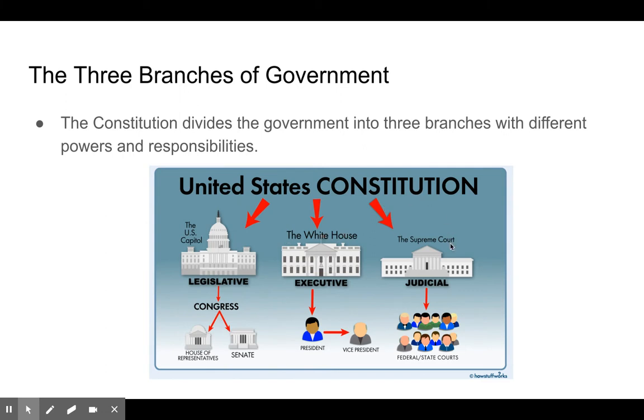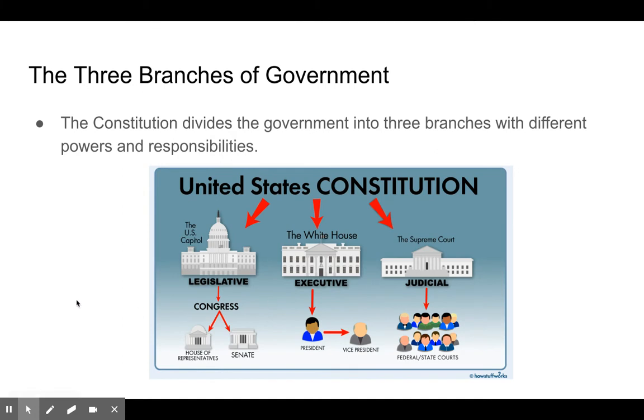And then we have the judicial branch, and that is housed at the Supreme Court. And some of you might know some Supreme Court justices like Ruth Bader Ginsburg, and you heard a lot about her when she passed away last year. So we have these three branches: legislative, executive, and judicial.